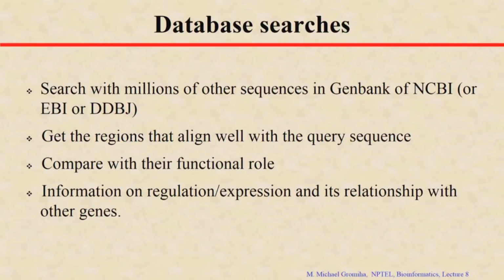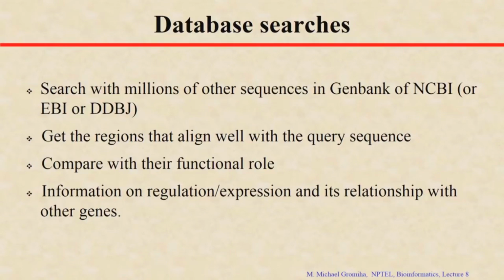Likewise, you have the protein sequence database called UniProt, and also the structure database called the Protein Data Bank. We search with these sequences and see whether your query sequence aligns with any of the sequences already deposited in these databases. If the aligned known sequences have functions, as we discussed for UniProt and the other DNA sequences, you get all the information regarding structure, function, the links and pathways, and so on.